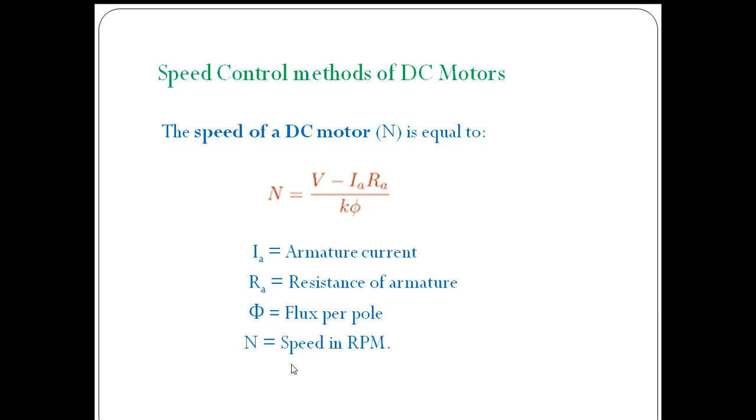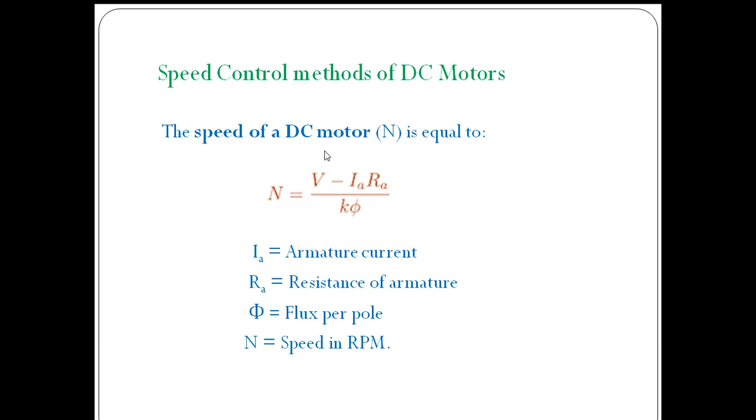So while rotating, the speed of the DC motor we get from the voltage equation of the motor. The voltage equation of the motor is V = Eb + IaRa, where V is the motor input voltage, Ia is the armature current, and Ra is the armature resistance.